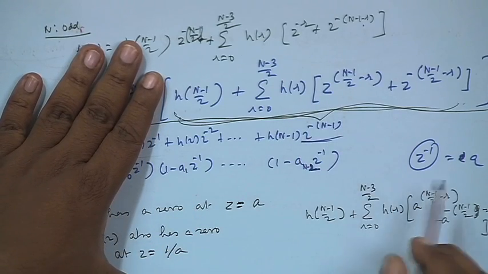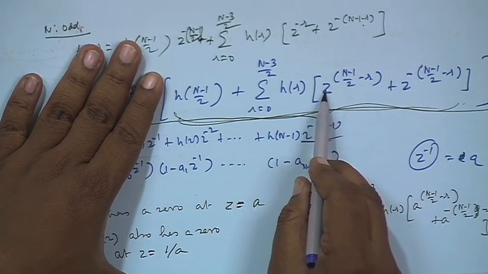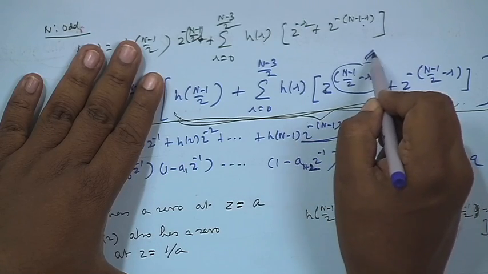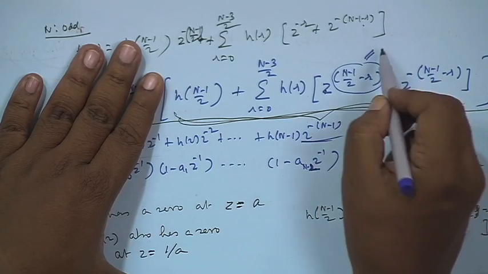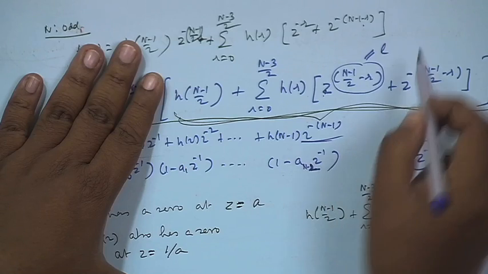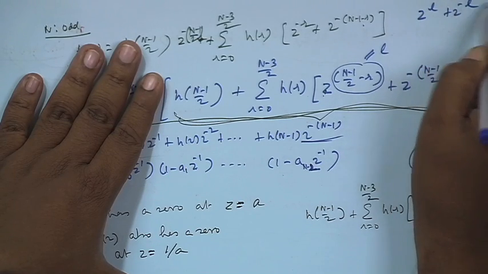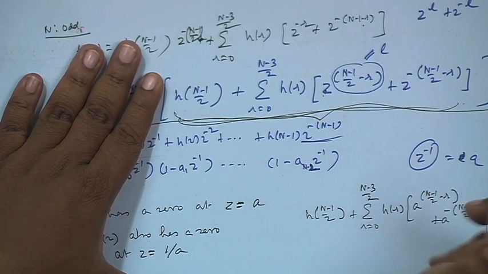Suppose instead of a, we have put a here, a to the power this part, if you call it (N minus 1)/2 minus r, if you call it L. So, z to the power L plus z to the power minus L, the same thing L. That means a to the power L and a to the power minus L. Okay. This summation here is becoming 0.